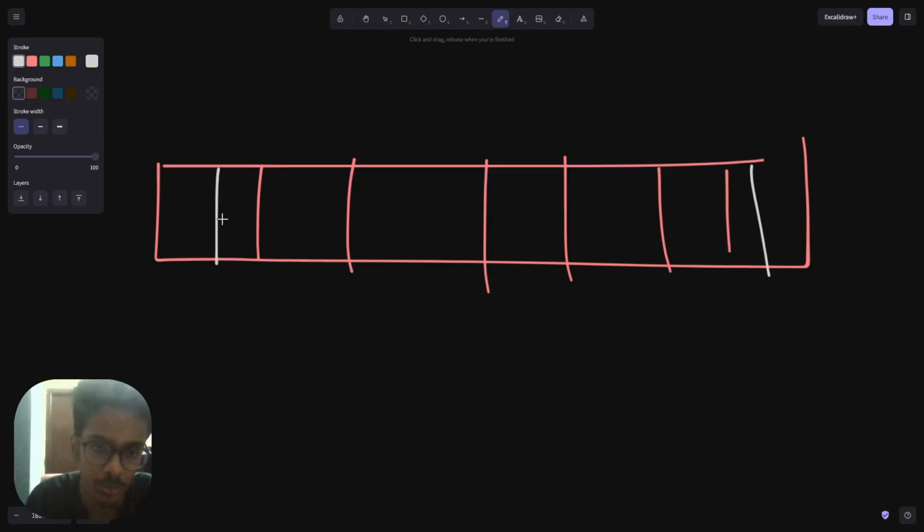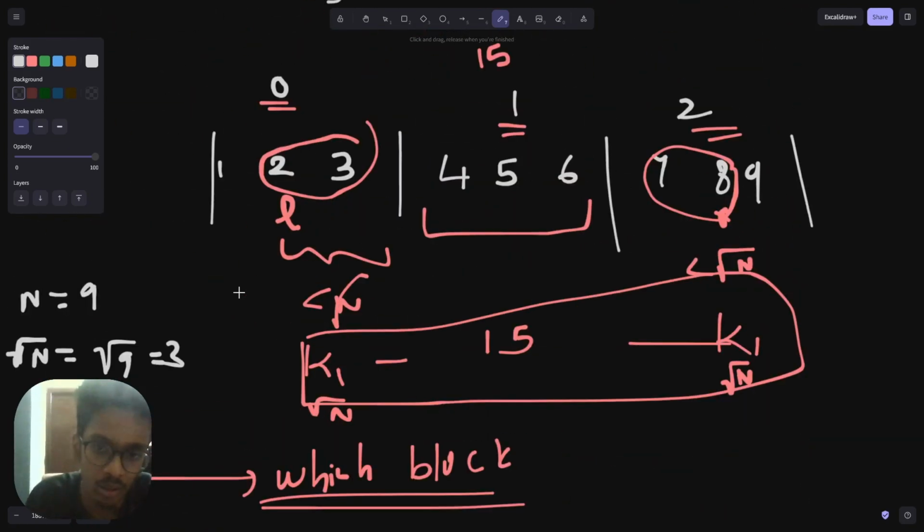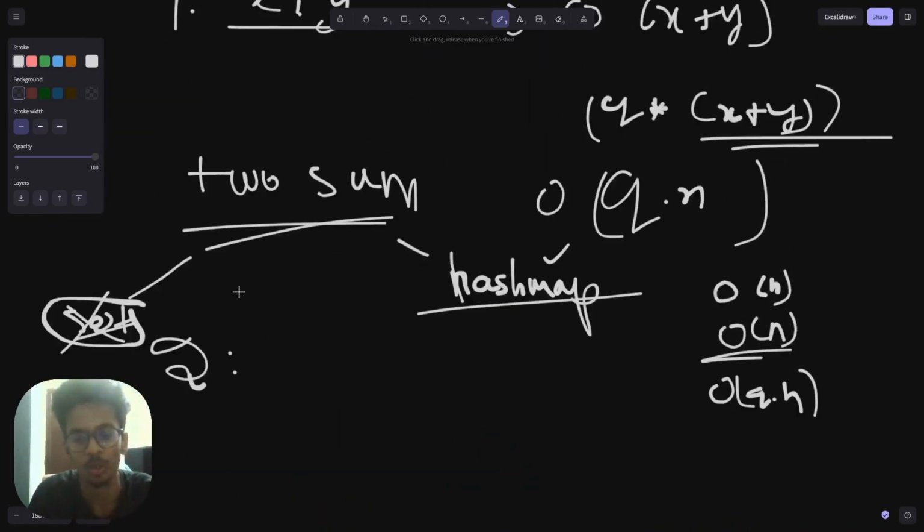Calculating the part till the block end is very small, right? And the rest of the blocks would be directly added, since you already know the sum of these blocks. So isn't this very optimal? Can I say it's very optimal?